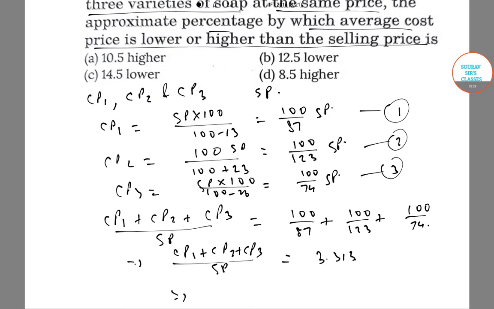Now dividing both sides by 3 and subtracting 1, we get (CP1 plus CP2 plus CP3) by 3SP minus 1 is equal to 3.313 by 3 minus 1.